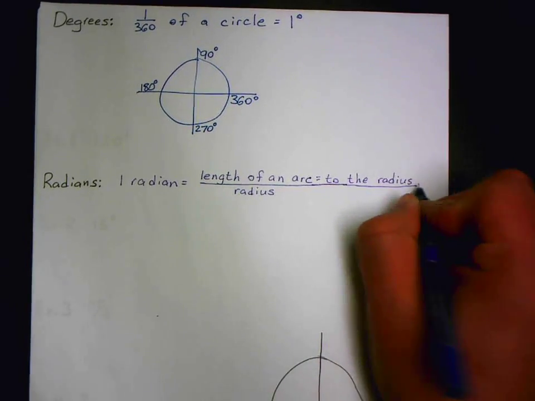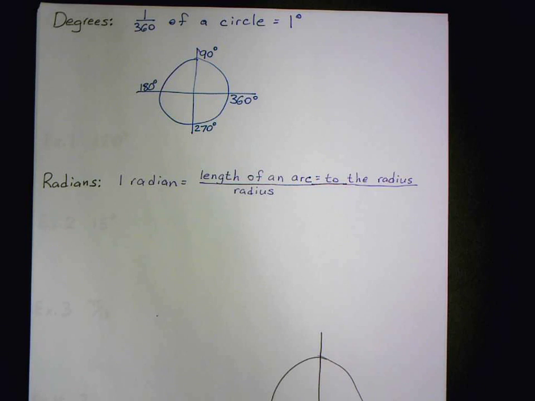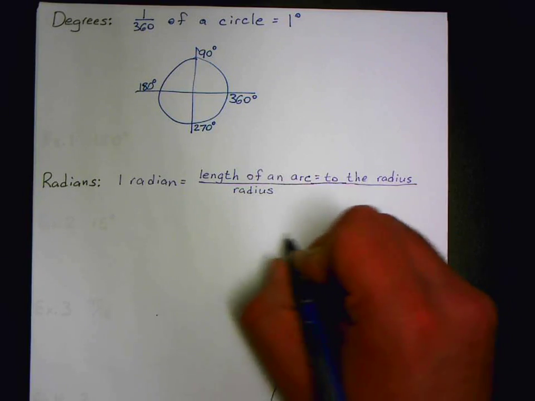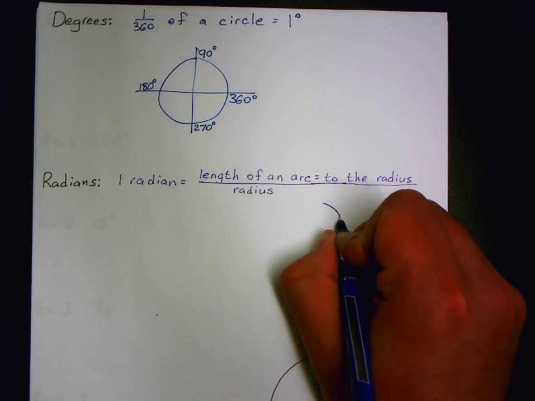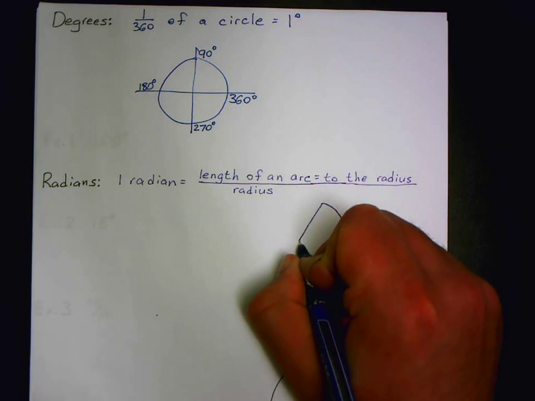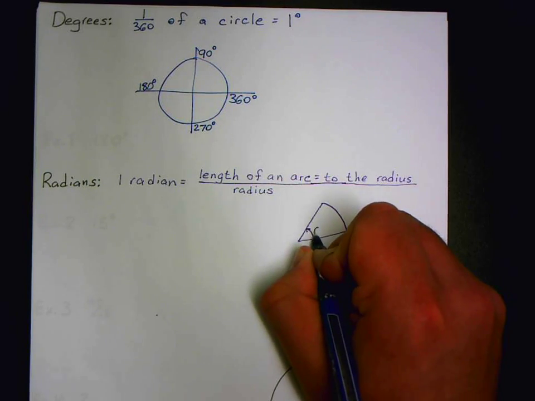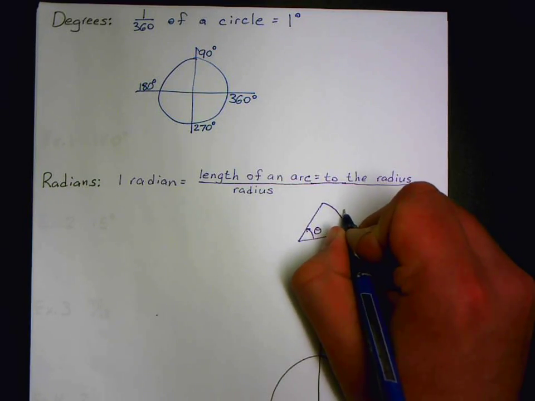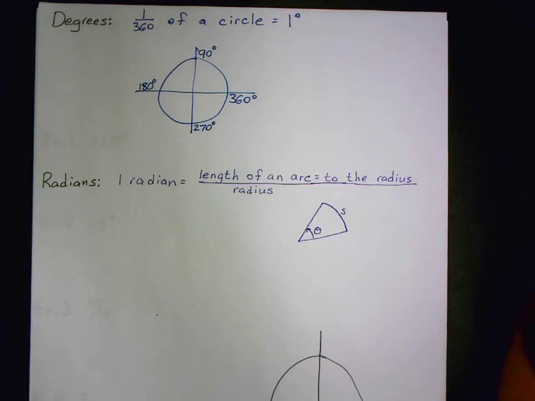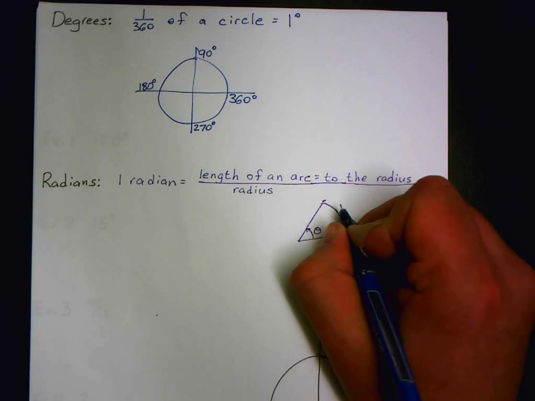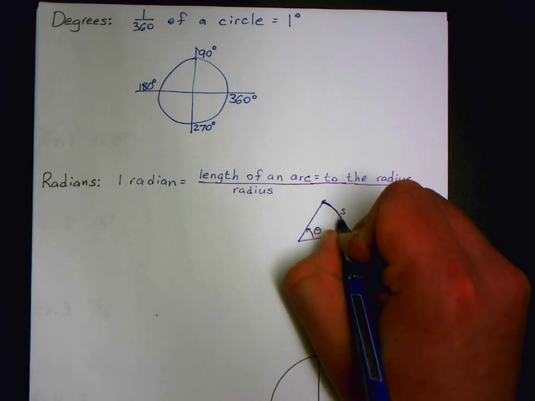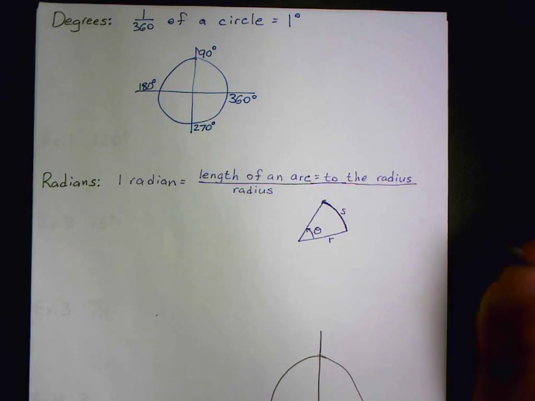There, now it's equal to 1 radian. So what this is saying is if I take a piece of a circle and I want to know the measurement of the angle in radians, I take the length of the arc, which let me say that's S. So we're talking about the actual measurement of it, divided by the radius.